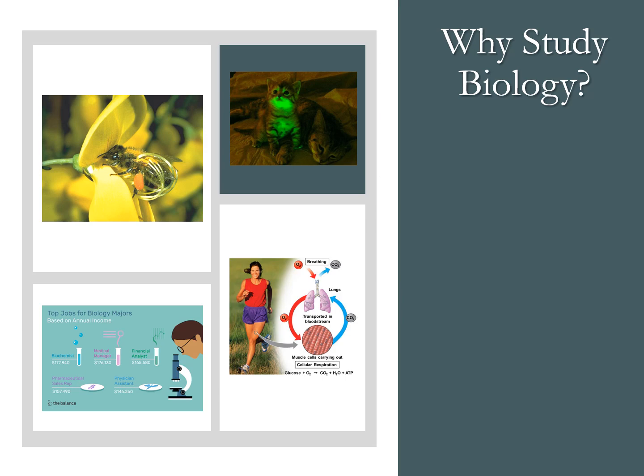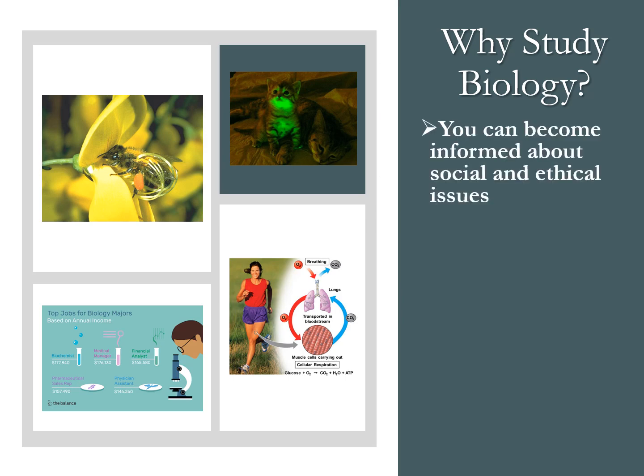So now, why do we care about biology, right? Why should we study biology? Well, there's a lot of cool reasons. There are a lot of social and ethical issues in the world that have to do with science and biology. Maybe you've seen some of these glowing phosphorescent animals.